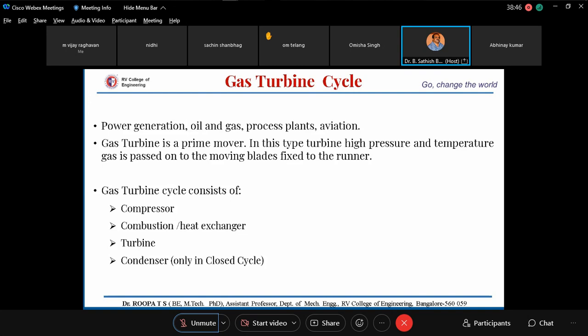So you can just Google these things, see the different power plants like Shivanasamudra, Bhakra Nangal, Linganmakki, and wherever in your locality, which are the power plants that are there.